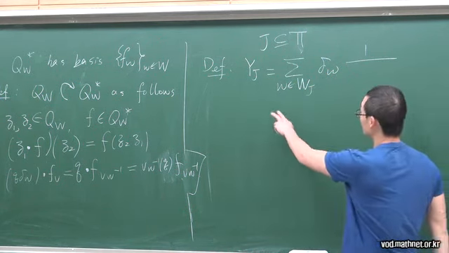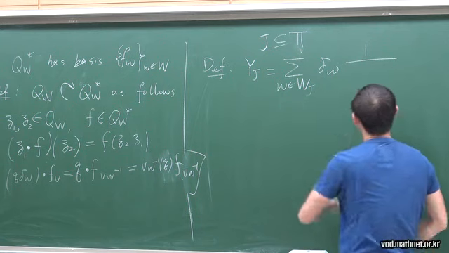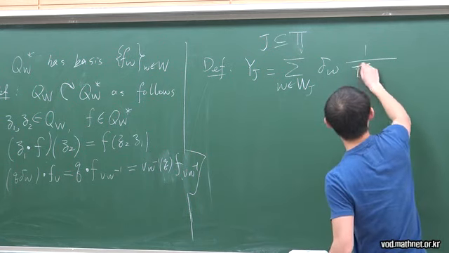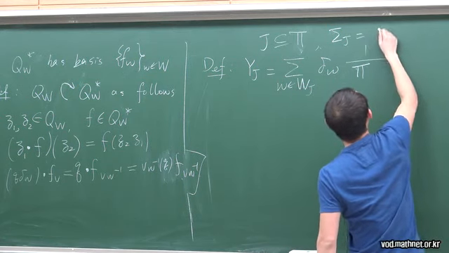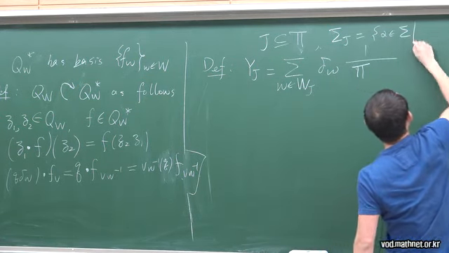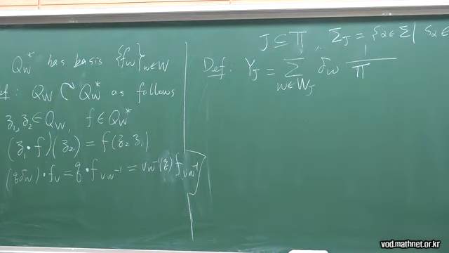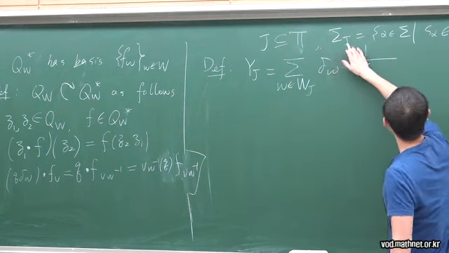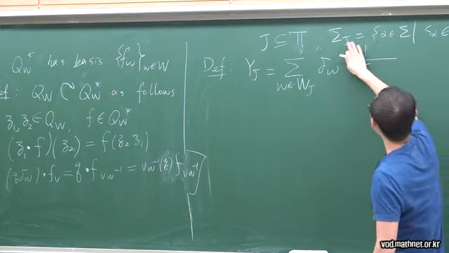Now this gives you a subgroup of the Weyl group, W_J, and here you also have a root system, Sigma_J, that is the alpha from Sigma such that s_alpha belongs to W_J. So basically, if you are given this subset of simple roots, you can get a sub root system consisting of roots, Sigma_J.